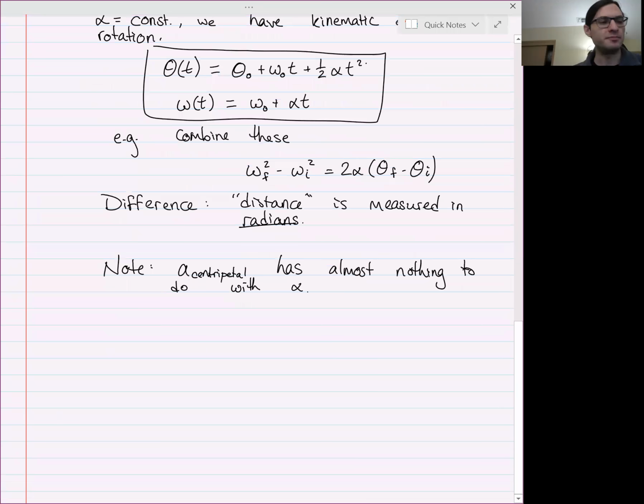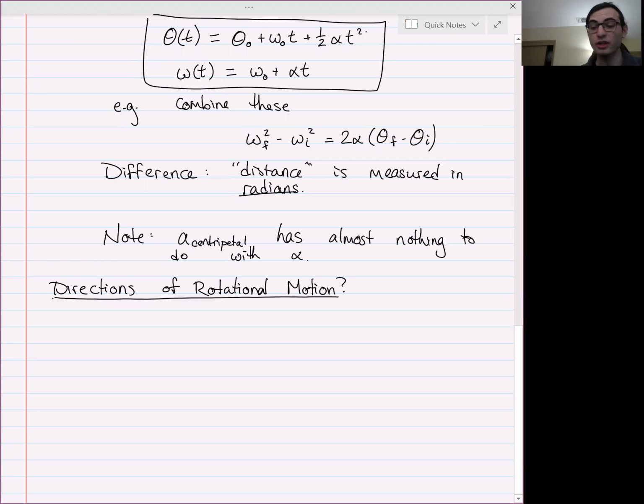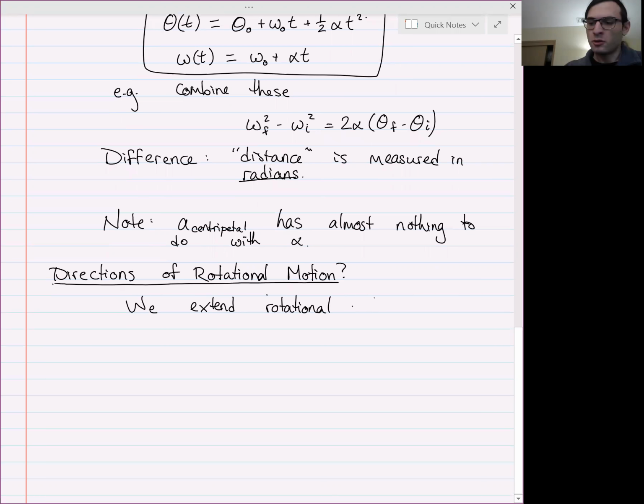Now, I said that this is technically a type of one-dimensional motion, but I should probably be a little bit more clear about that. So what would it mean for rotational motion to have a direction? Well, we generalize the idea of rotational motion that I just described to 3D via the right-hand rule.